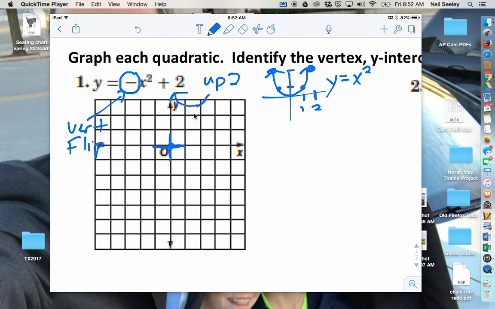My regular x squared graph is in blue here, and I go over 1, up 1, and over 2, up 4. You don't necessarily have to draw this, but I wanted you to see that's the normal x squared graph in blue. In red here, I'm going to put in the transformed one, the one that we're supposed to be drawing, negative x squared plus 2.